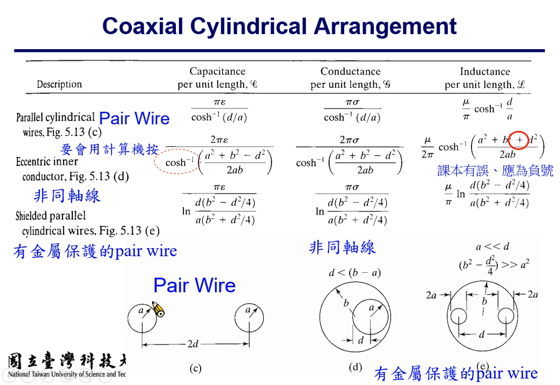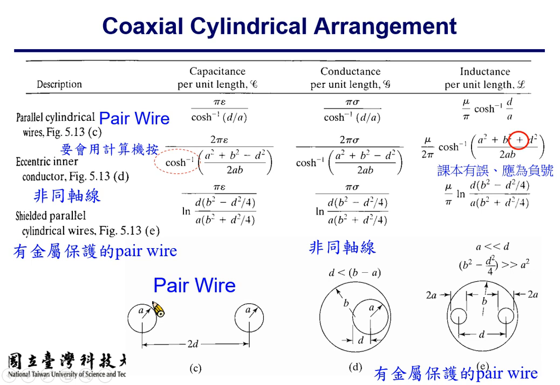As you can see, they are all related to epsilon, sigma, and mu. And on the other hand, they are also function of geometric parameter. For example, for pair wire, the per unit length capacitance is pi epsilon over arc hyperbolic cosine of D over A.